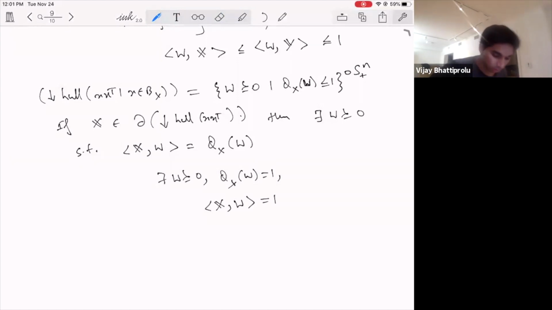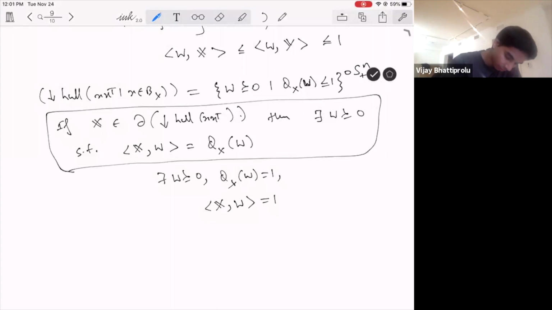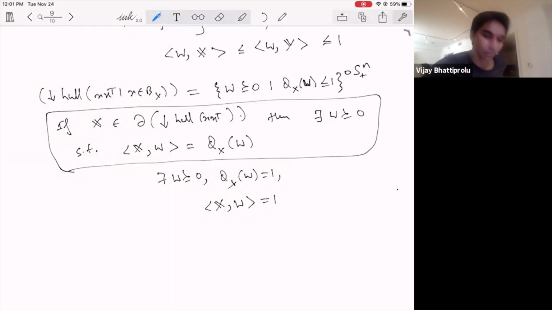This just follows from the fact that they're polar to each other. I will use this fact. So if X is on the boundary, then there exists a witness W. So if I'm in the downward closure of the hull of outer products, then there is an instance W that witnesses this.